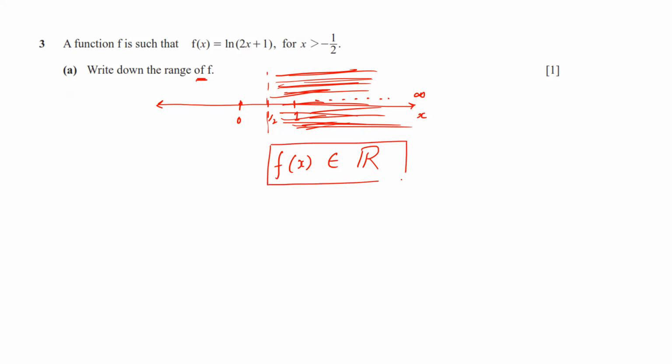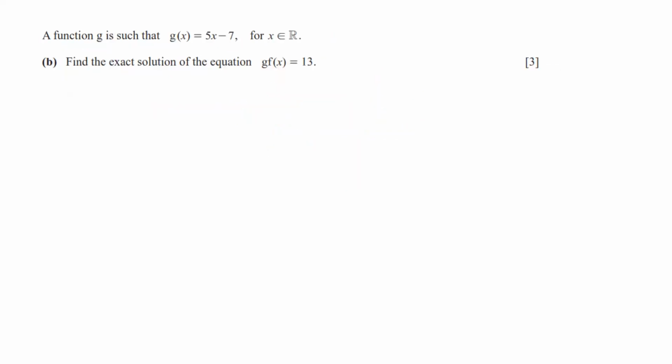Okay, so moving ahead, part B, it says a function g is such that g of x is 5x minus 7 for all x belonging to the set of real numbers.